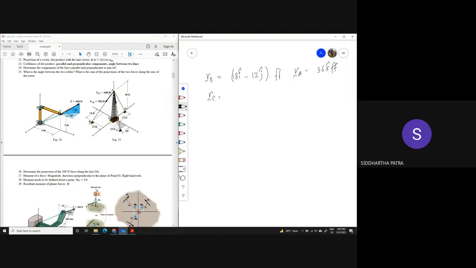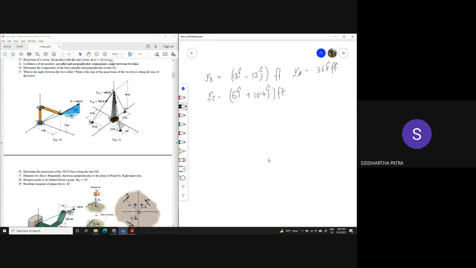Sine 30 is half, so it is 6I, and it's in the first quadrant, so both are going to be positive, plus 6 times root 3, which is approximately 10.4 J cap feet, right?